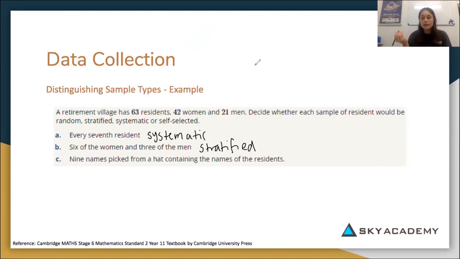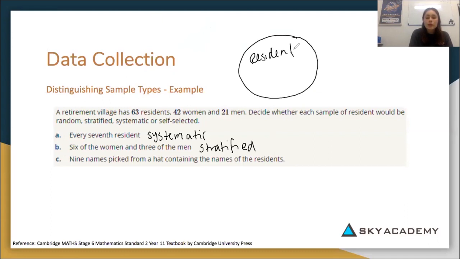So if we pretend we have 63 residents and we choose the category of men, we choose random 3 of them, and we have the category of women and we choose random 6 of them. So that's stratified. You choose people at random within a group of a population.